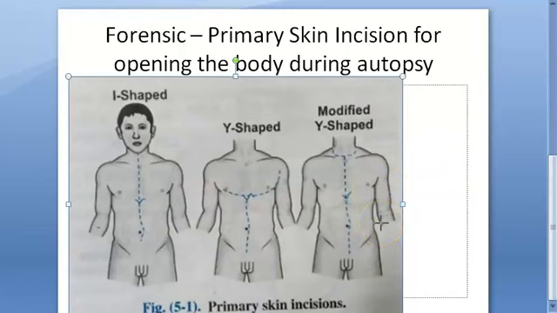But here from the suprasternal notch, it extends over the clavicle to its center on both sides. Center of clavicle, is it? Somewhere here it extends. So this is the clavicle, let's say. So center of clavicle, somewhere here, it extends till there, okay.